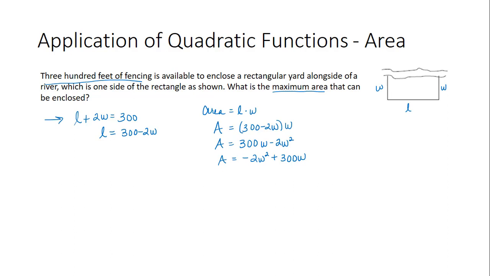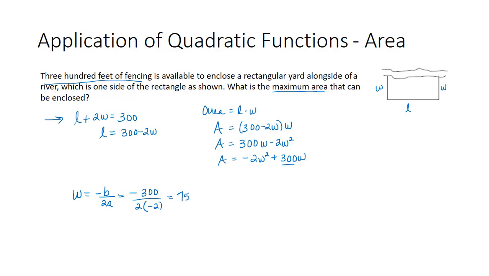To find the vertex, we will let W equal negative B divided by 2A, right? That's the x value of the vertex. So negative 300 is our value of B, divided by 2 times negative 2, or negative 300 divided by negative 4, which is 75.